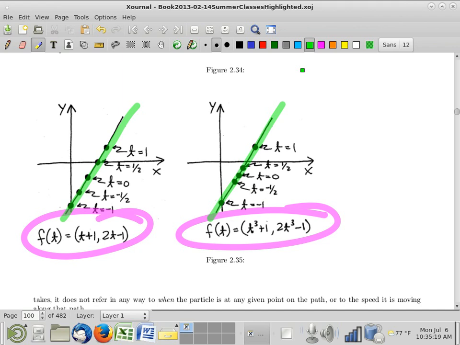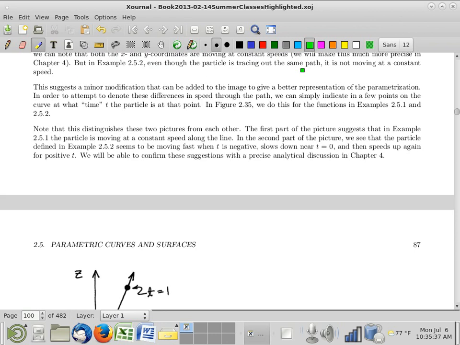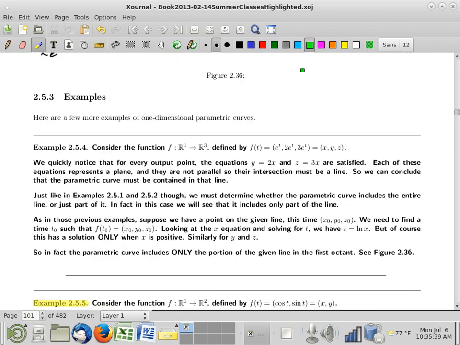In fact, we came to a stop at t equals 0 momentarily, and then we started accelerating again. So this was a kind of like that, as opposed to that there.